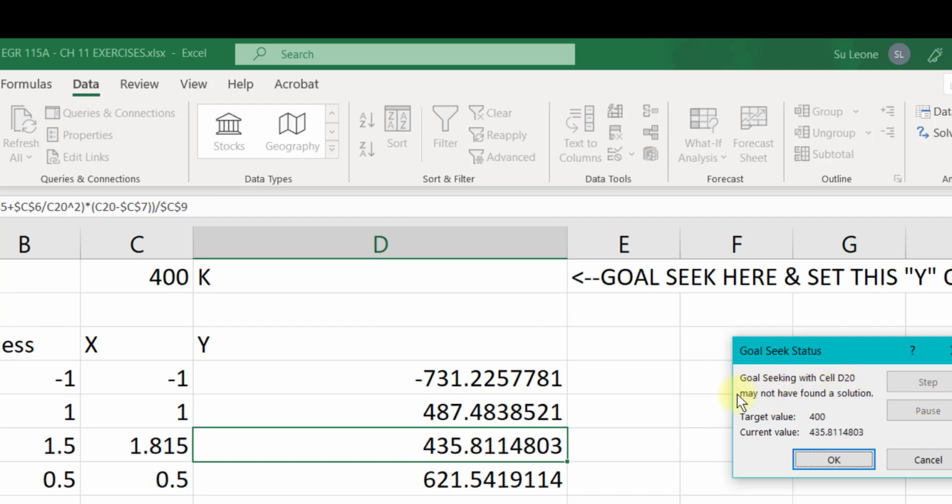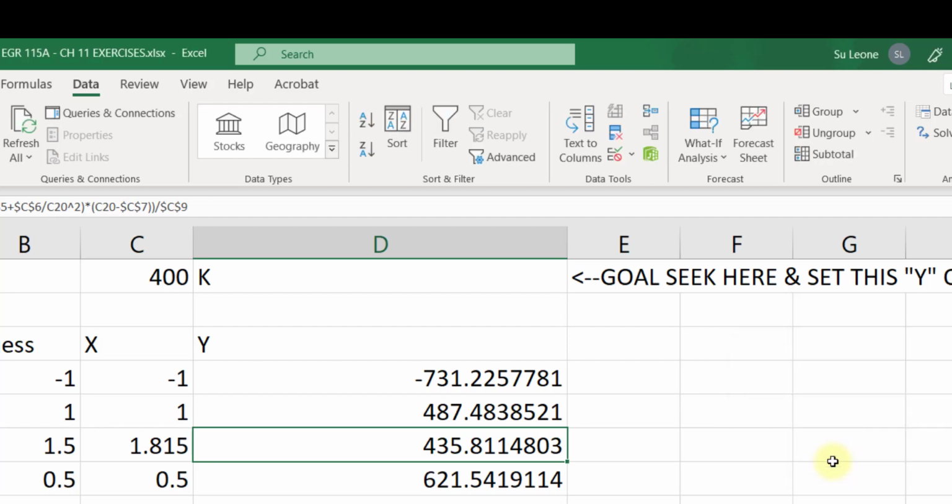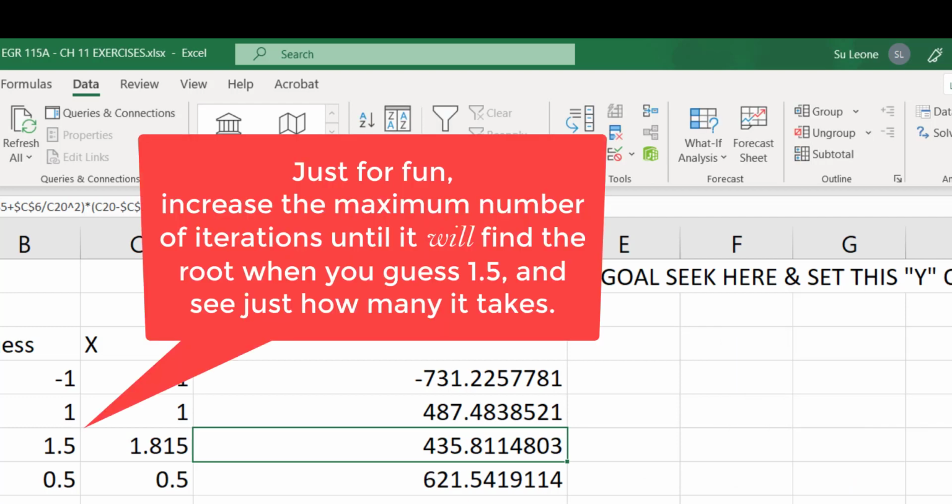Okay, it says it may not have found a solution. What that means is that it took more than 1,000 iterations. Let's see if we have better luck with this one.